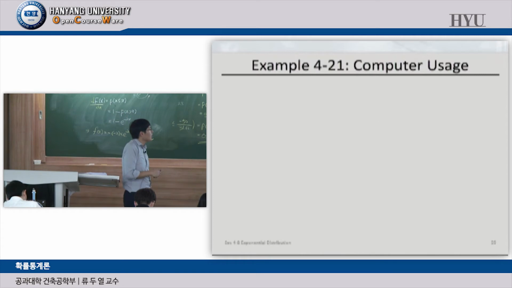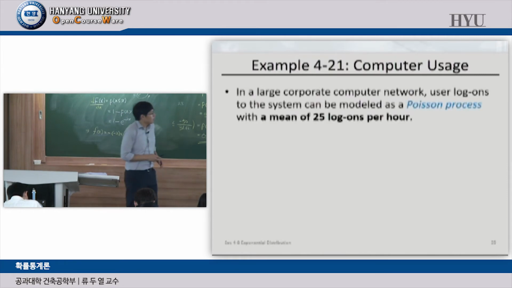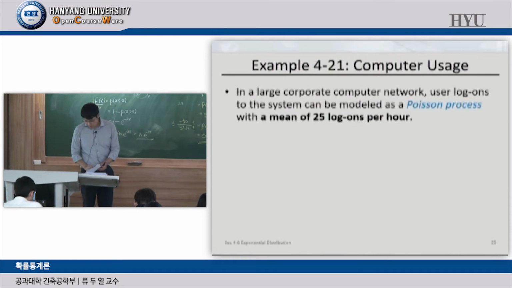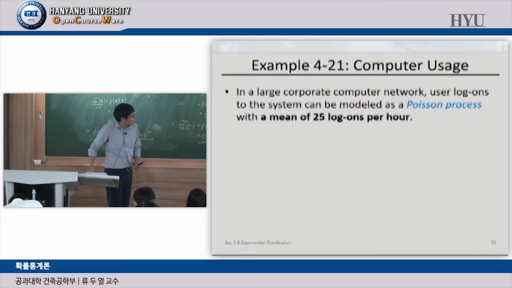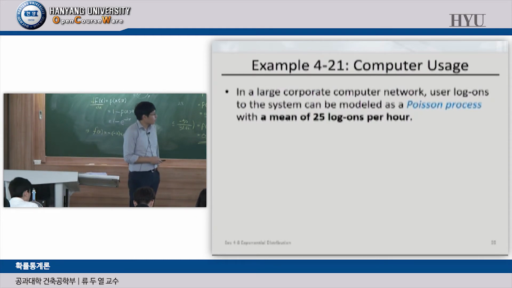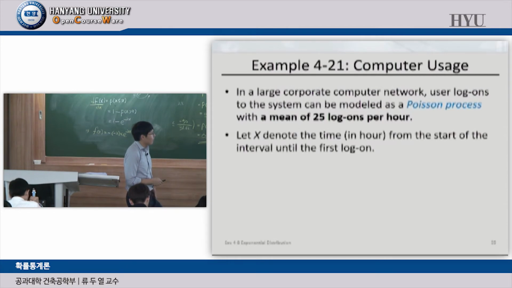And this is the example. In a large corporate computer network, user logons to the system can be modeled as a Poisson process, with a mean of 25 logons per hour. Let x denote the time in hours from the start of the interval until the first logon.